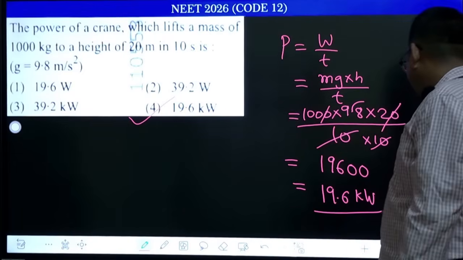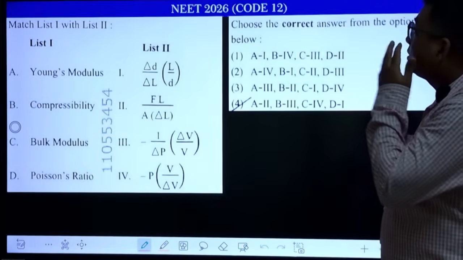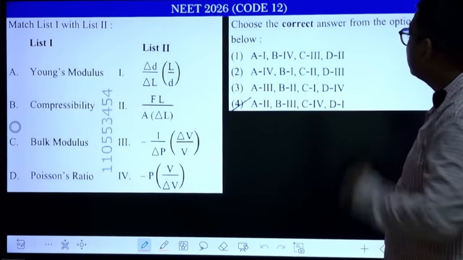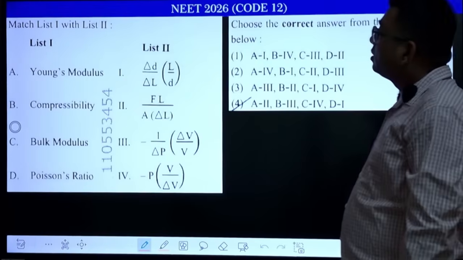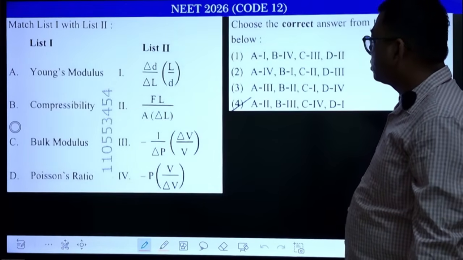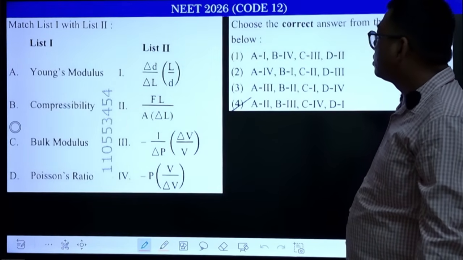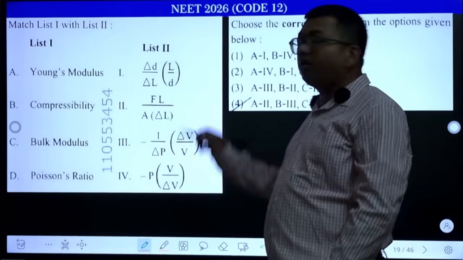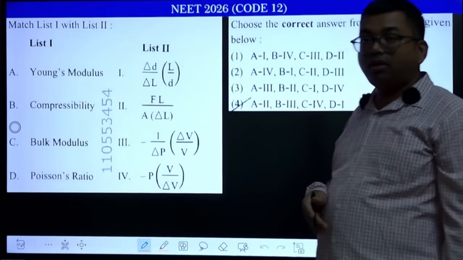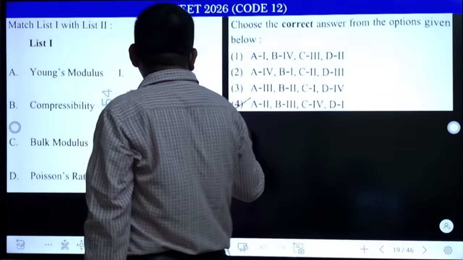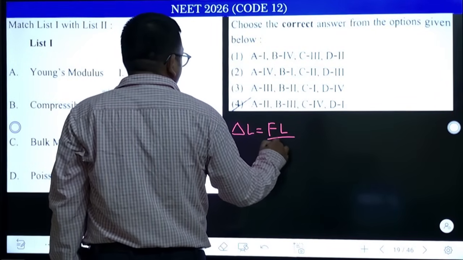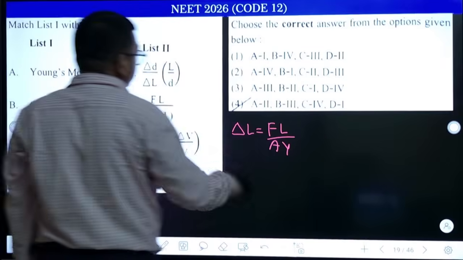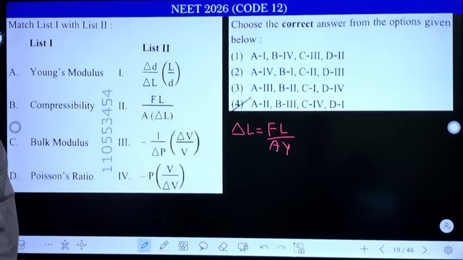Let us move next. Match the list. Here we have to match. Choose the correct option. Matching type of questions. Young's modulus is what? I think you know the elongation formula, FL by AY. In the elongation formula, FL by AY, you bring Y this side, delta L that side you take, you will get this.